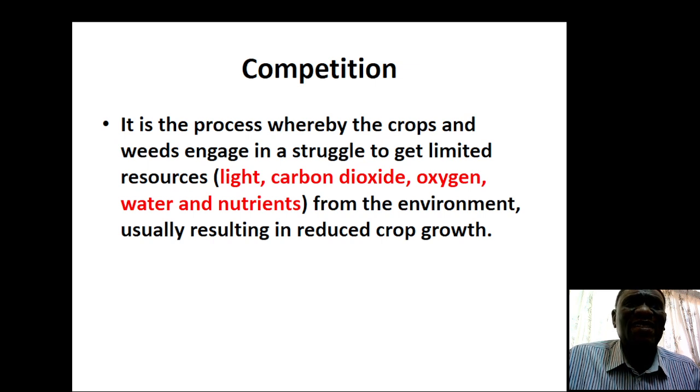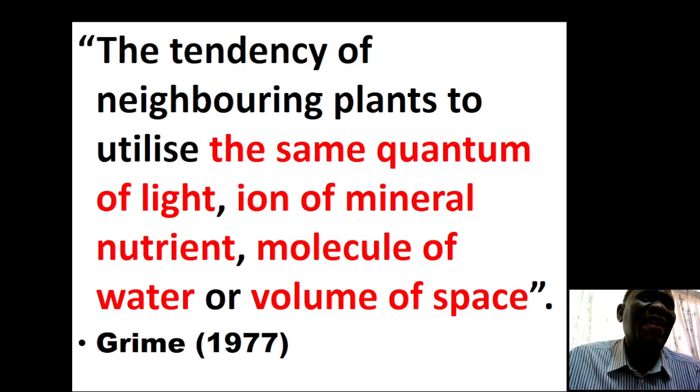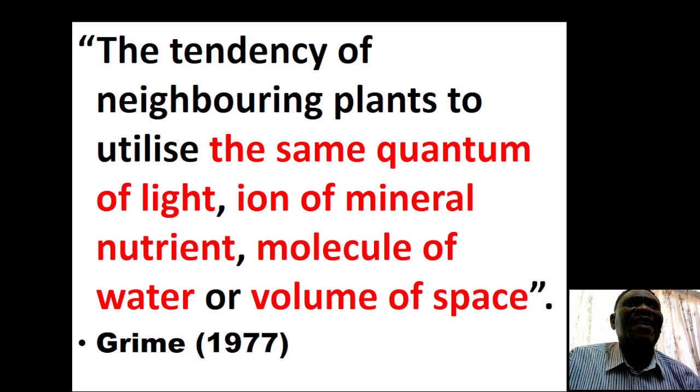What you should understand is that there are resources which are limited. Either the crop or the weed is trying to get hold of those resources. Well, this is the definition which was given by Grime. And of course, there is no need to memorize this quoted statement.